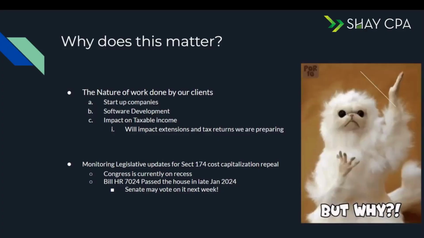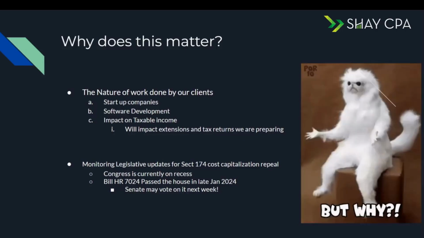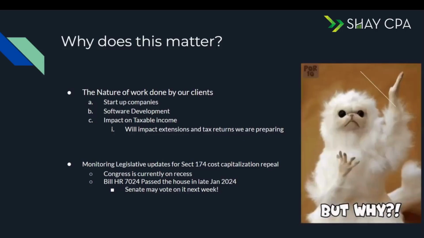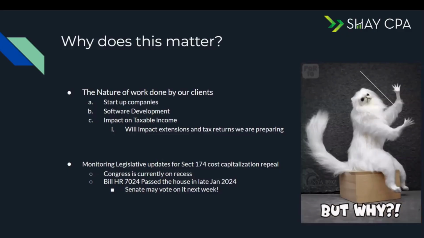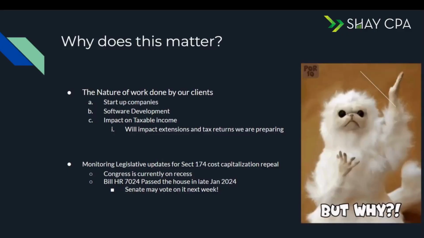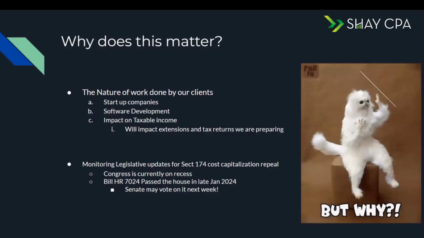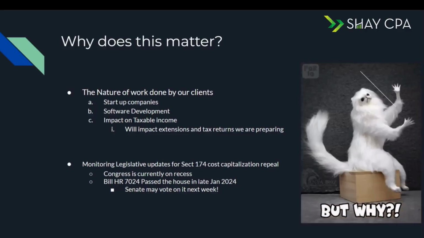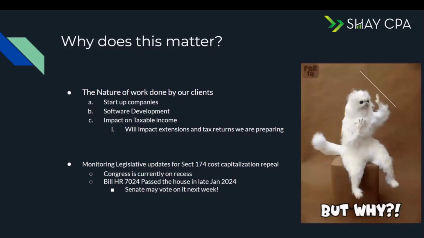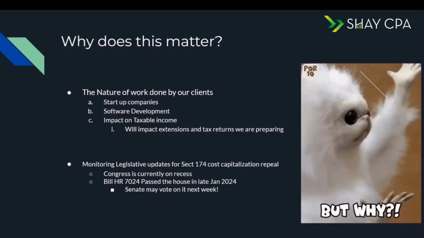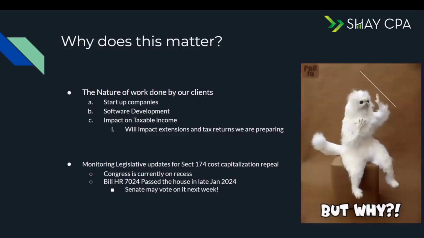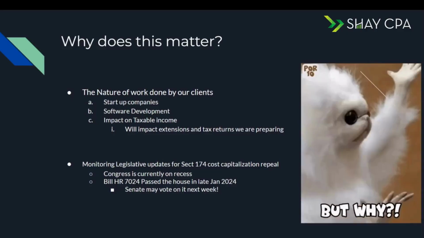That leads to a temporary difference between what book has for R&D expenses versus what tax has. Touching on legislative updates to Section 174, there are talks about repealing this, and we talked about this last year during tax season. We were hopeful that it was going to be repealed last year. However, that was not the case. This is back on the table again, up for debate, and Congress is currently on recess until next week.